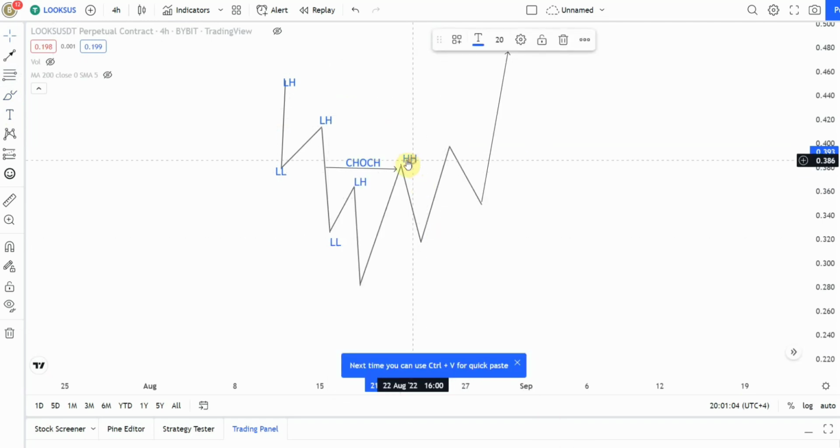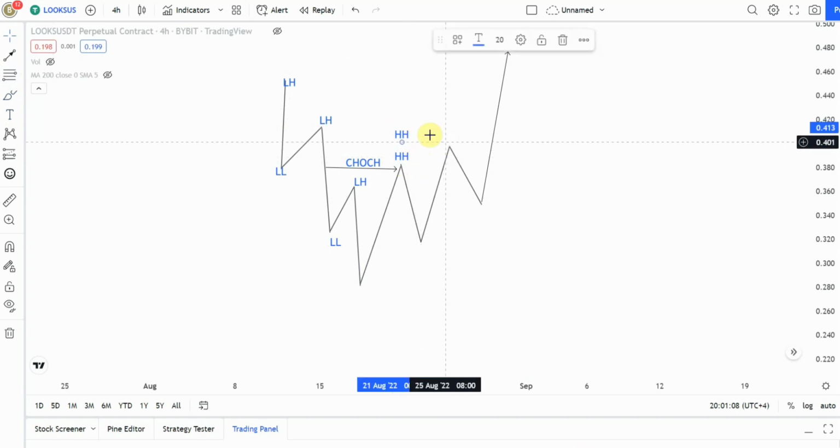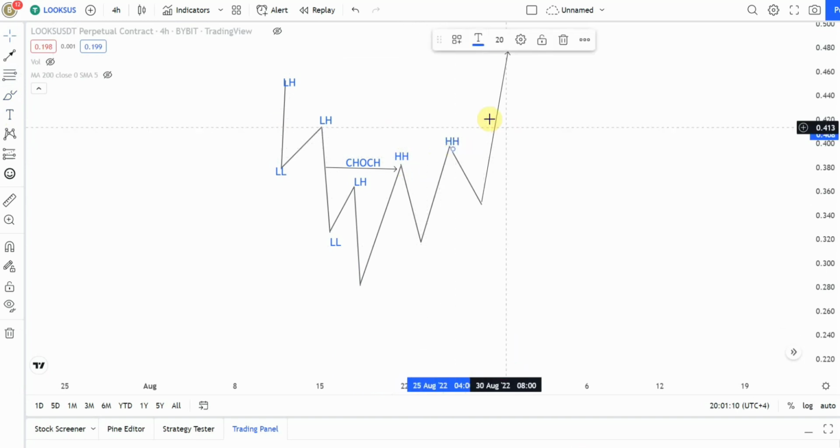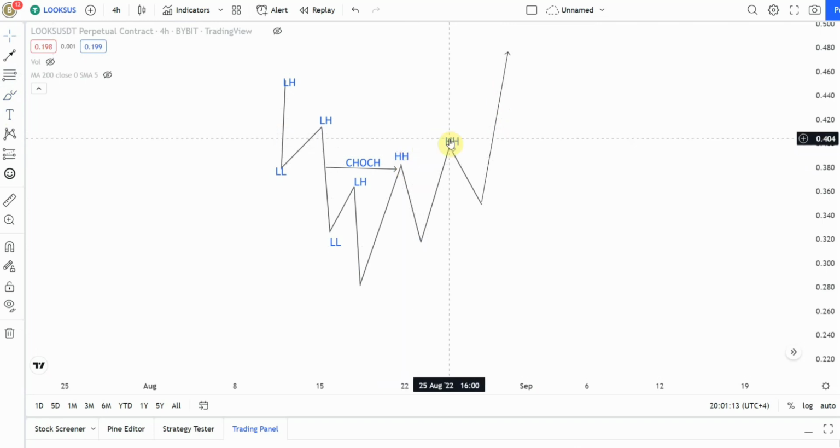Now this place is now higher high, this is also a higher high.